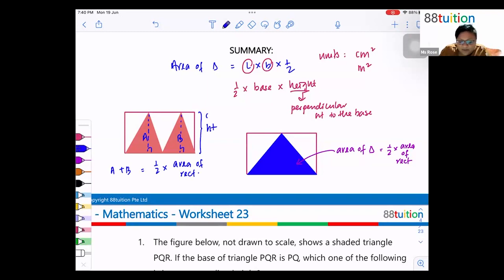So they have a common height and the sum of their bases is the same as the length of the rectangle. Okay, so the area of A plus B must be equal to half of the area of the rectangle.